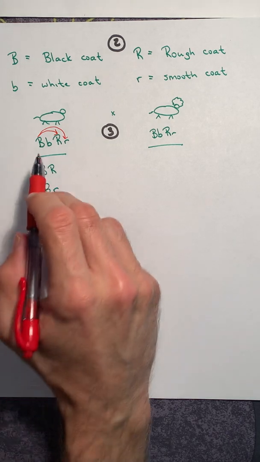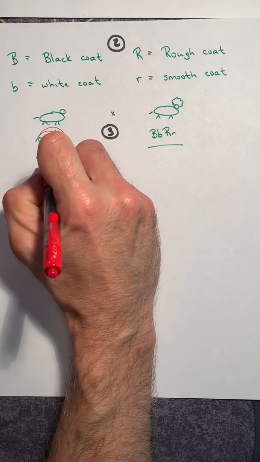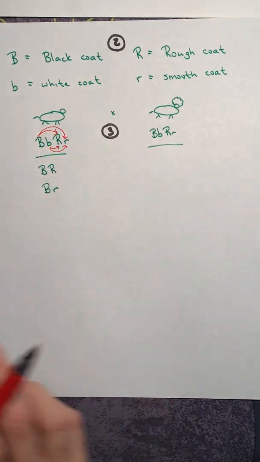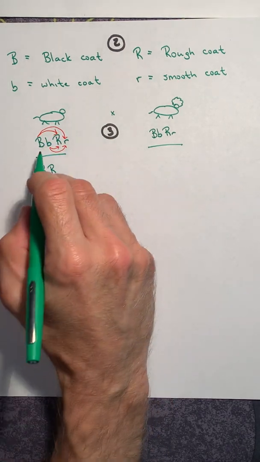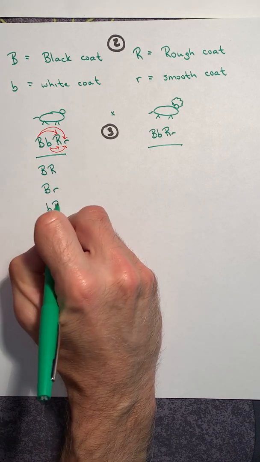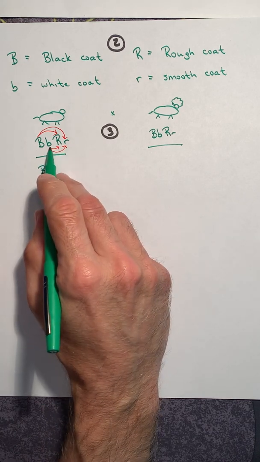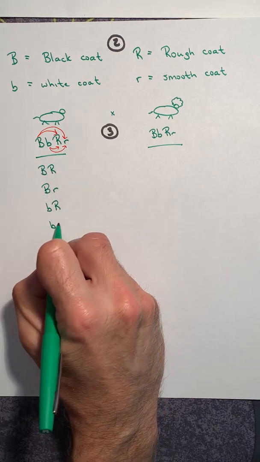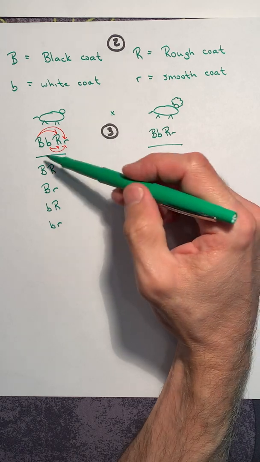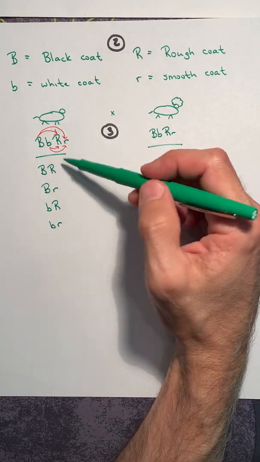Now that we've distributed the dominant B, now we distribute the recessive b. Now don't forget these are written alphabetically first. So little b to the big R, and little b to the little r. These are your 4 possible combinations with a parent that has this genotype.